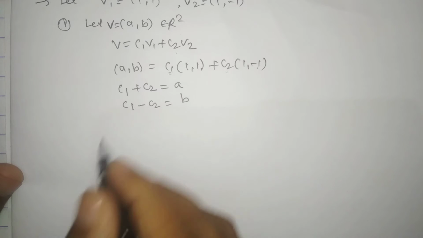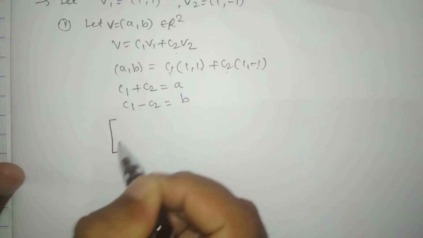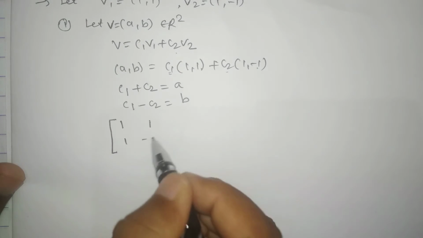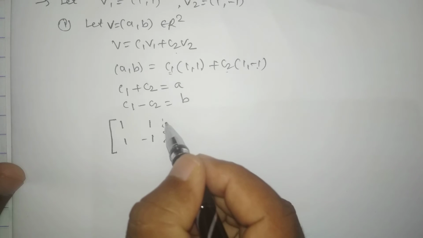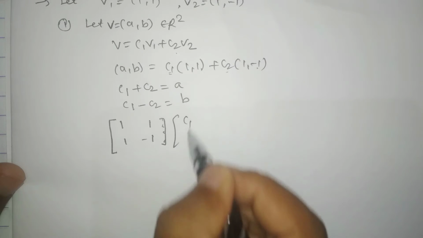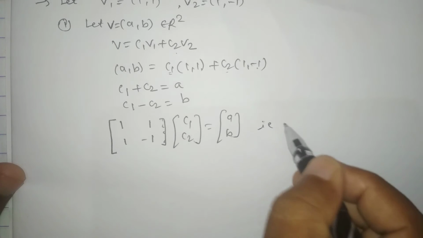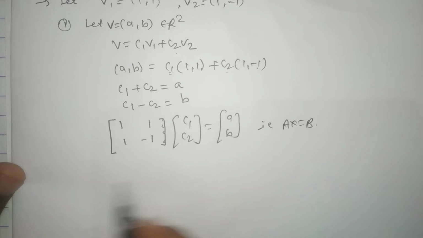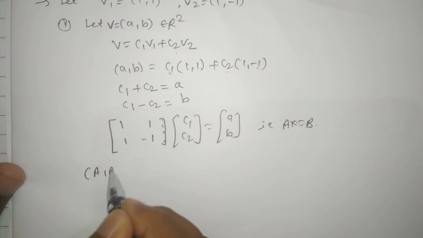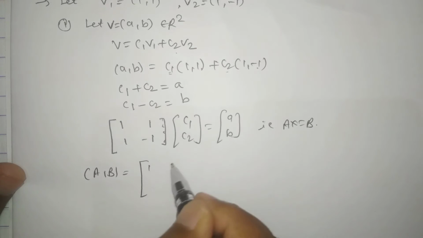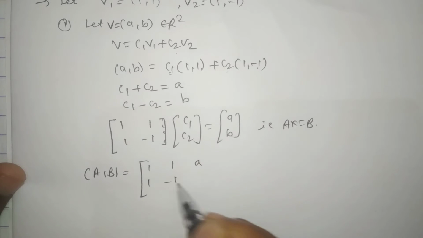This is a non-homogeneous system, so we can write it in matrix form as [1 1; 1 -1] into [C1; C2] equals [A; B]. That is AX equals B. So consider the augmented matrix (A,B), which is [1 1 A; 1 -1 B].